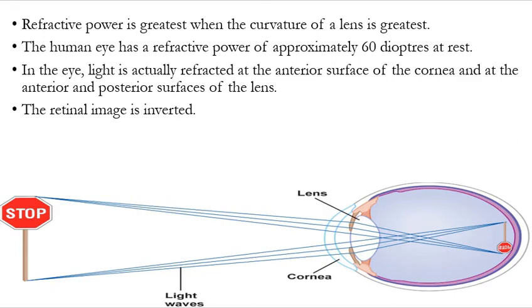So, you find that the refractive power is greatest when the curvature of the lens is at its greatest. So, when it's more rounded, it has a high refractive power. And as we noted, the lens is kept in place by the zonule ligaments that are held on by the ciliary body.